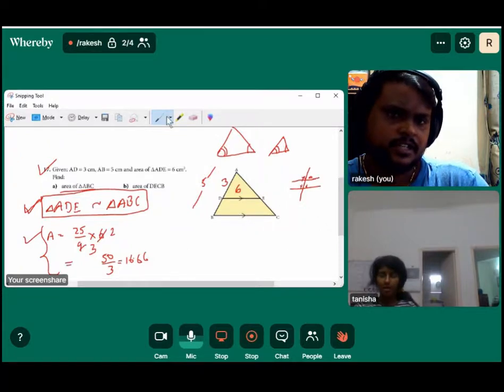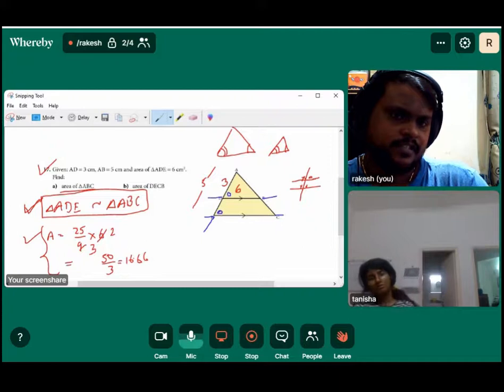These are the corresponding angles which are equal. In the same way, in this diagram, this line is parallel. That is the only information given to us, and this is the transversal line. So this angle is a corresponding angle which is equal, and this angle is also equal because of the corresponding angle.